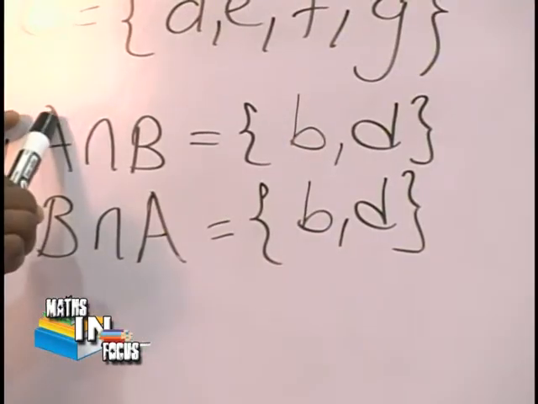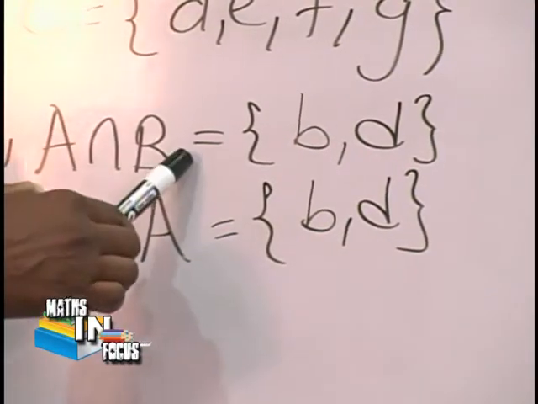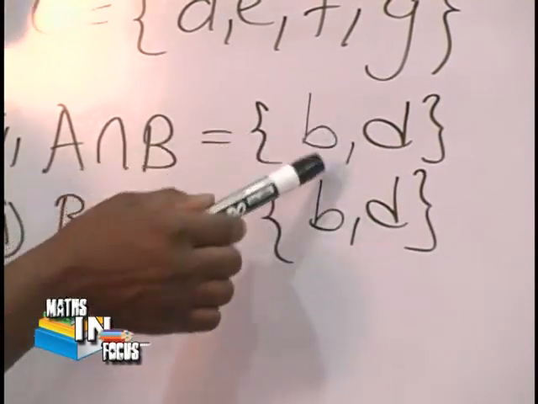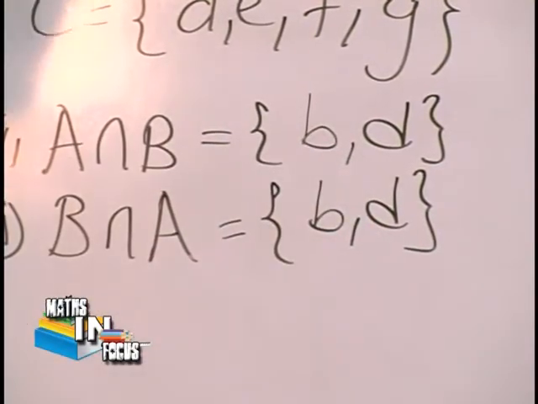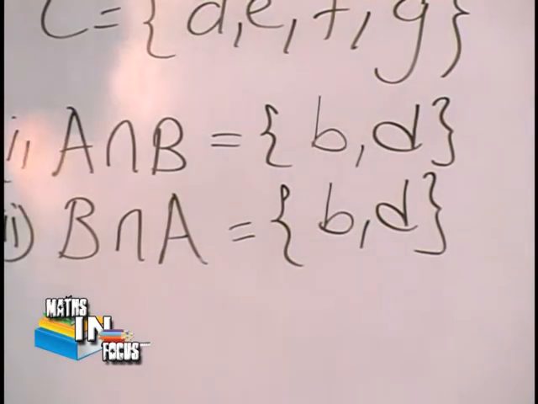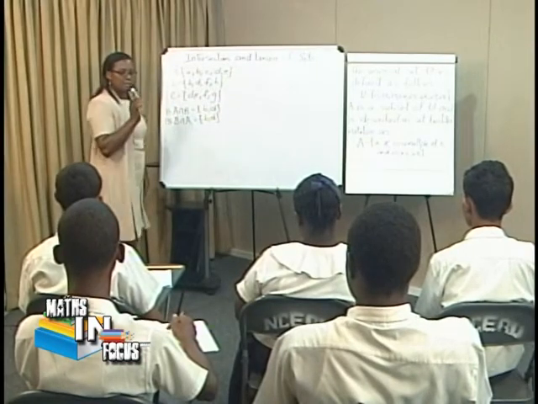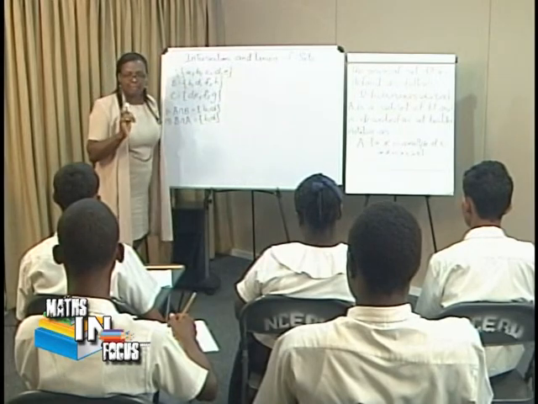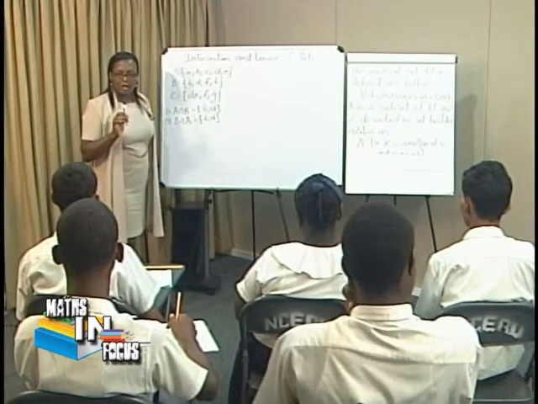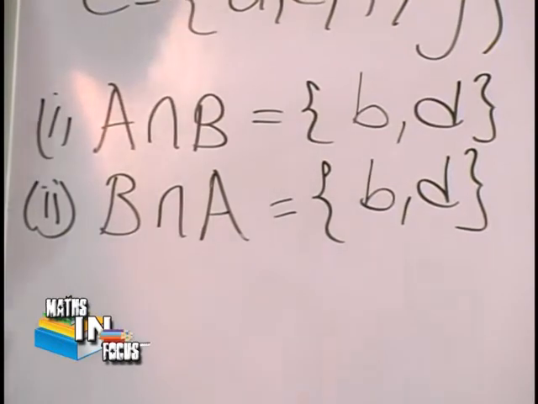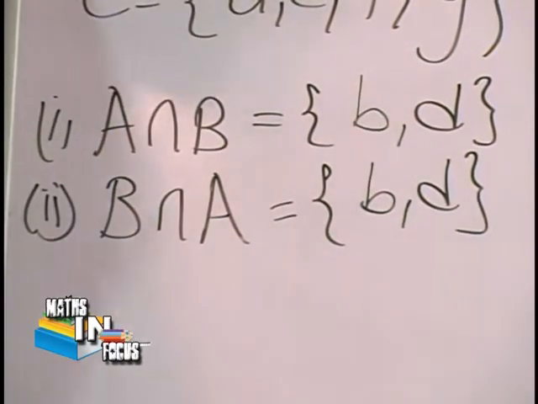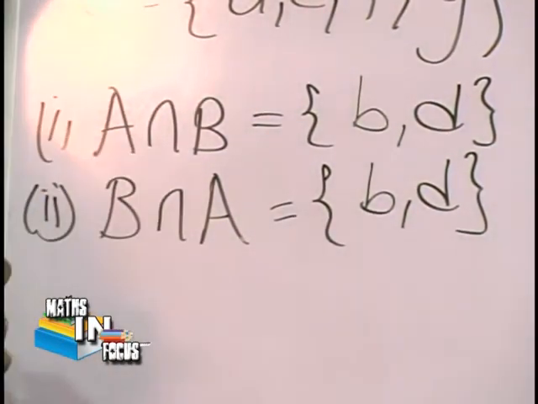So it doesn't matter if the A precedes the B or the B precedes the A. The result that we have is the same. So we can say the intersection of sets is commutative. That's one law. The intersection of sets obeys the commutative law. Now let's look at another one.